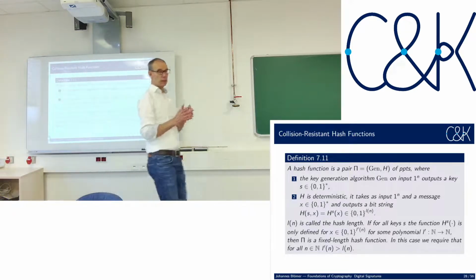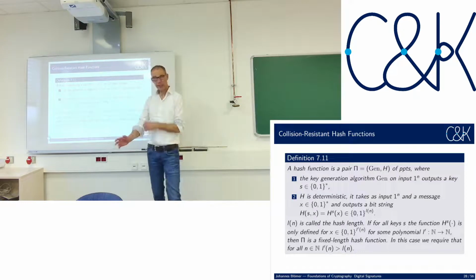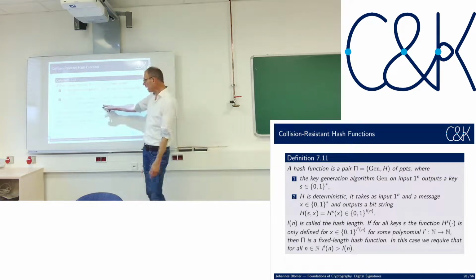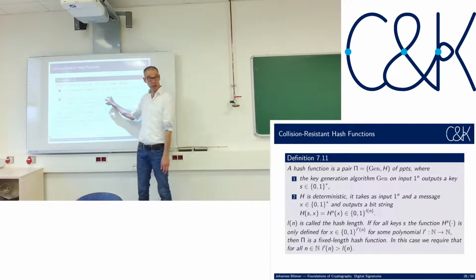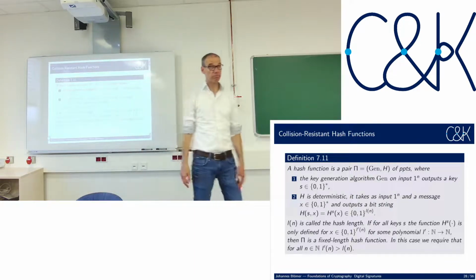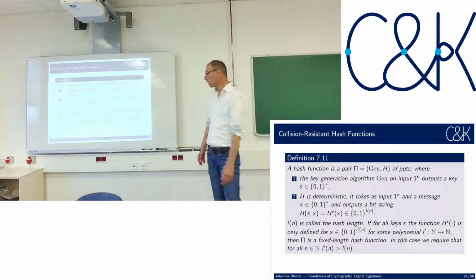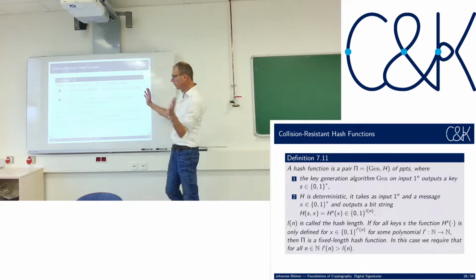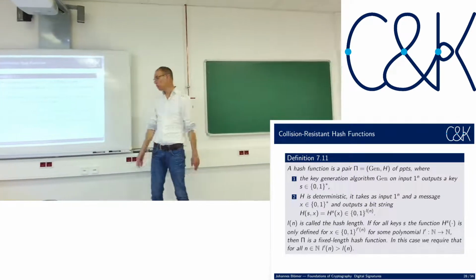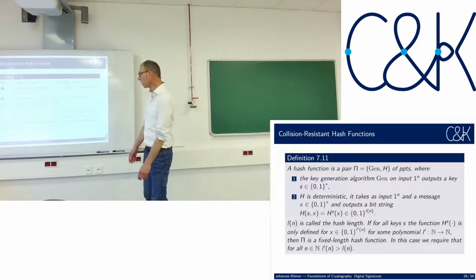So the output is a bit string of fixed length, whose length depends only on the security parameter n. It's ℓ(n), but it's independent of the message length. So we compress the message into something rather short. And ℓ(n) is a polynomial, called the hash length.